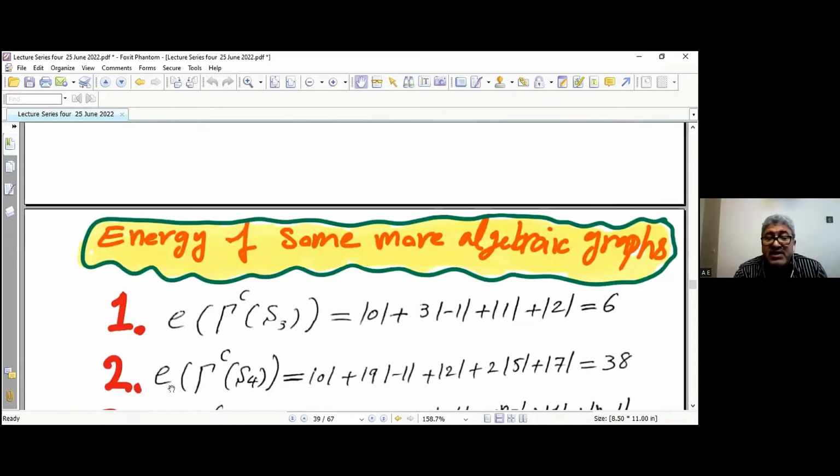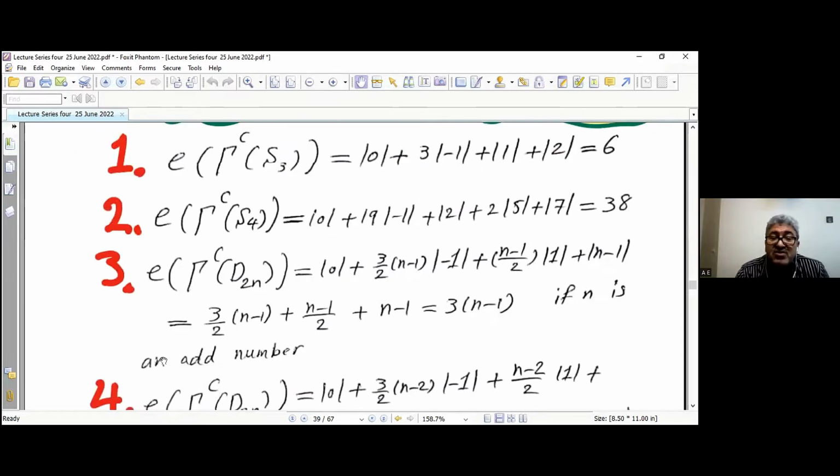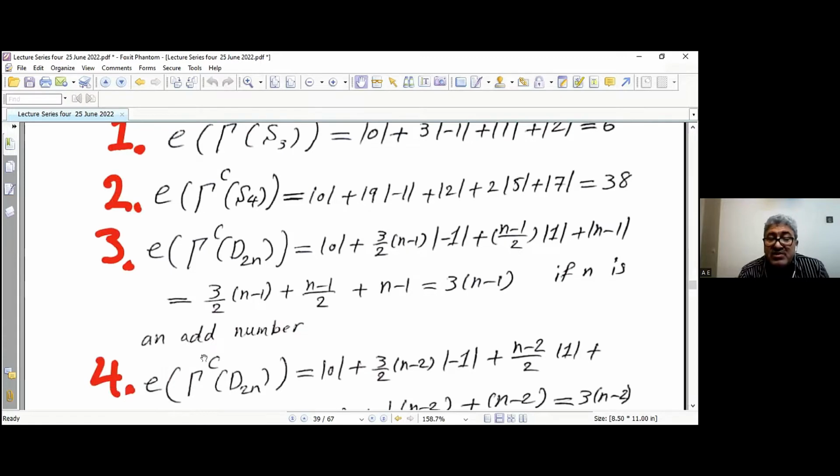Here is the energy of some more algebraic graphs. As you can see, here is the energy for the conjugate graph of the symmetric group S3, and also the energy for the conjugate graph of S4, and the conjugate graph of the dihedral group of order 2n, in general for n an odd number.